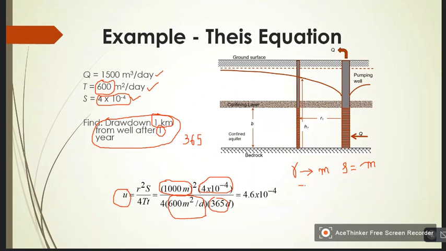Then whatever is the unit of T, if it is meter square per day, you have to have small t in days.